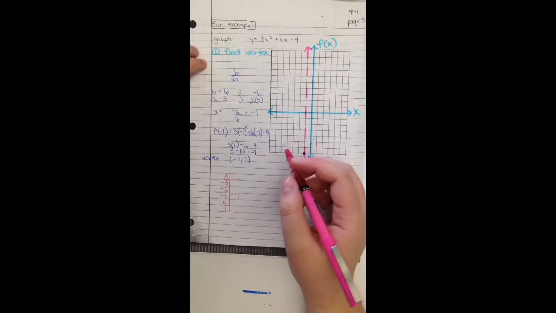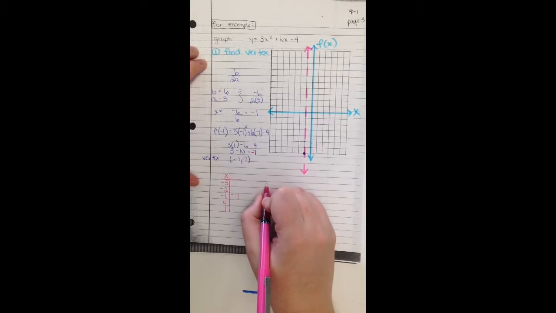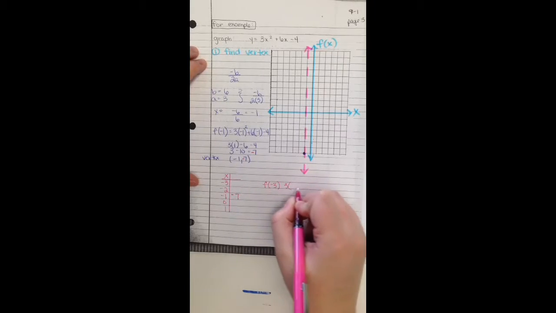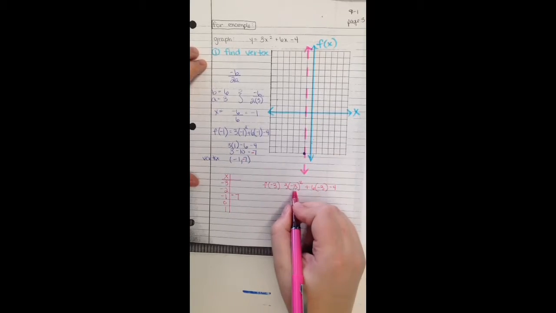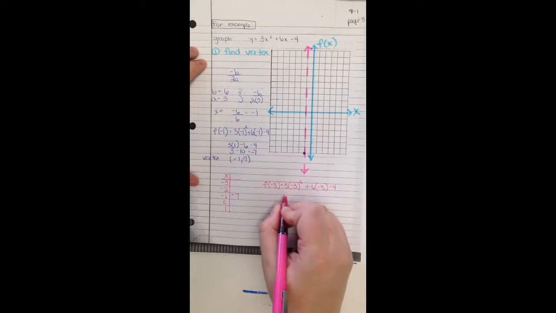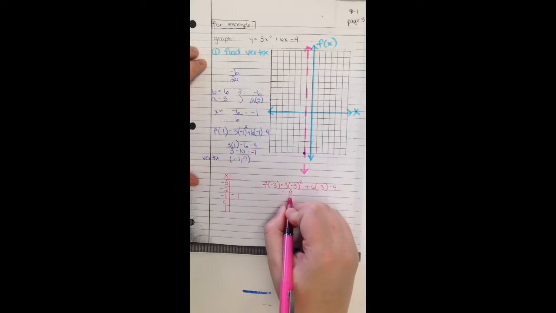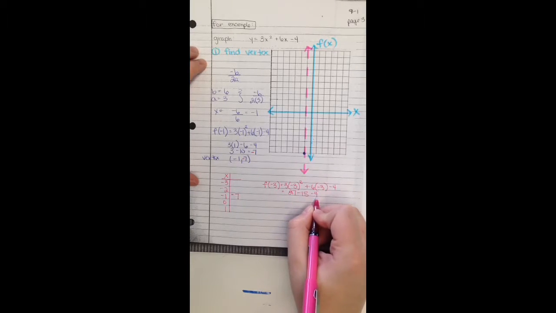So I have -3, start plugging it in. So f of -3 is 3 times -3 squared plus 6 times -3 minus 4. -3 squared is +9. 3 times +9 is 27. Minus 18 minus 4.